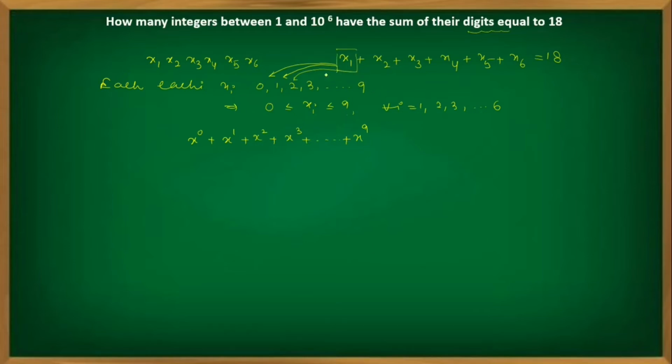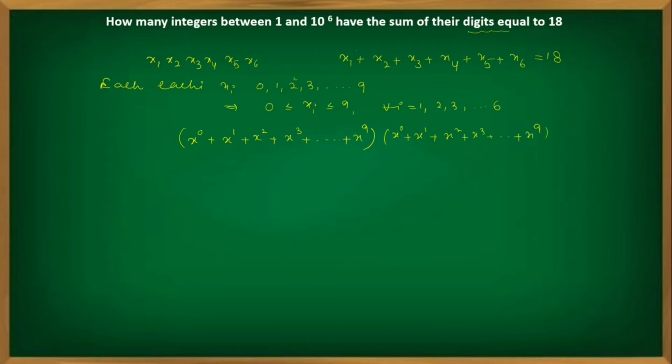Similarly, you can write the expression for x2, because x2 also takes values from 0 to 9. The same expression will be followed: x power 0 plus x power 1 plus x power 2 plus x power 3 plus up to x to the power of 9.